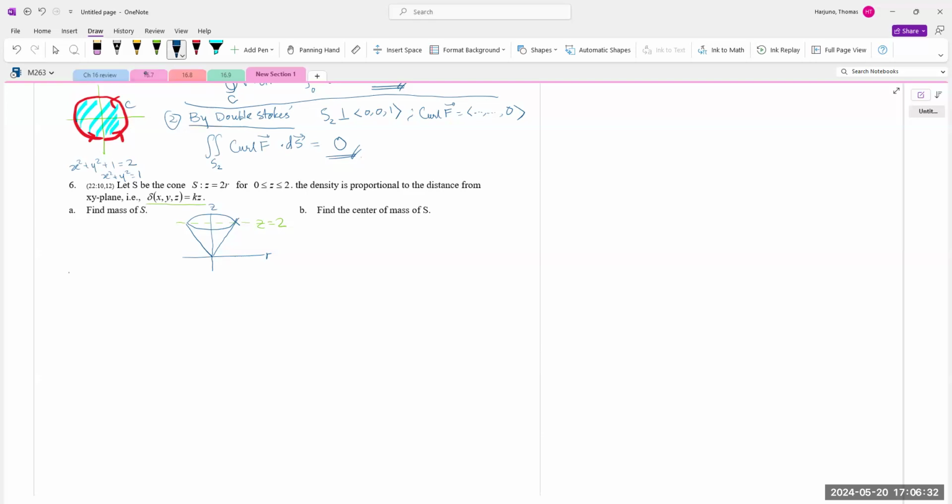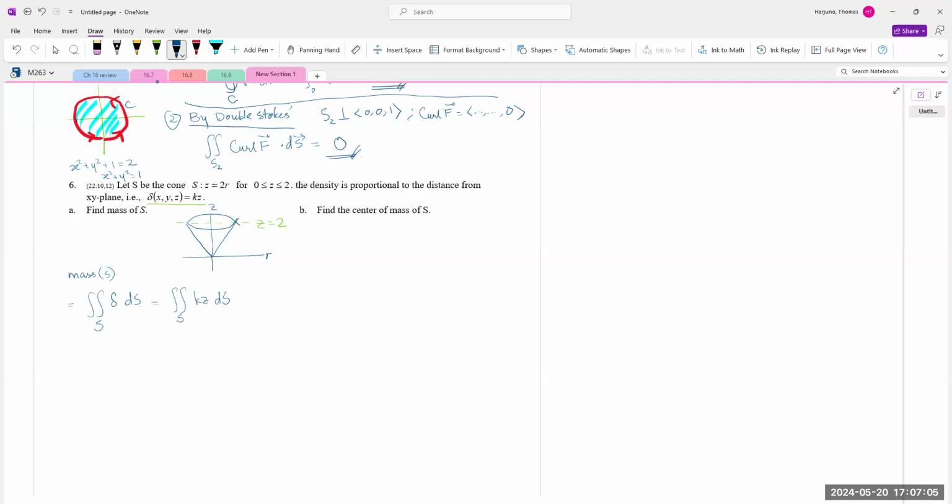Okay, so what is the mass of this surface S? The mass of surface S is given by the double integral over that surface S of density dS. Let me write my density with the proper notation, which is the double integral over surface S of kz dS.